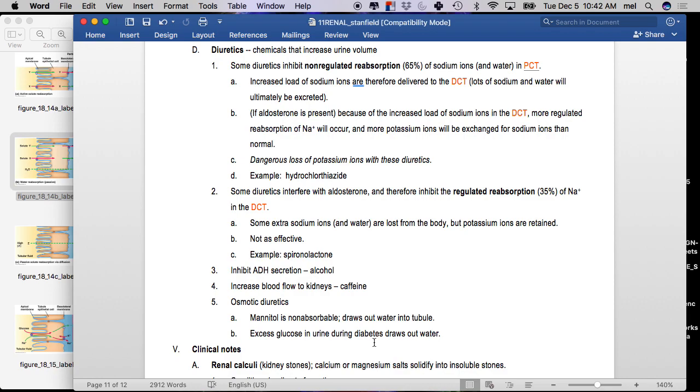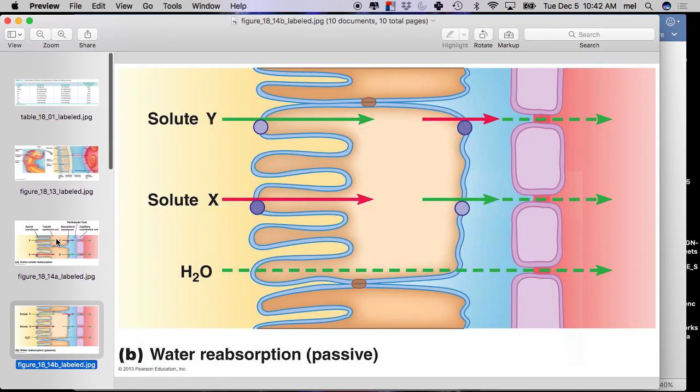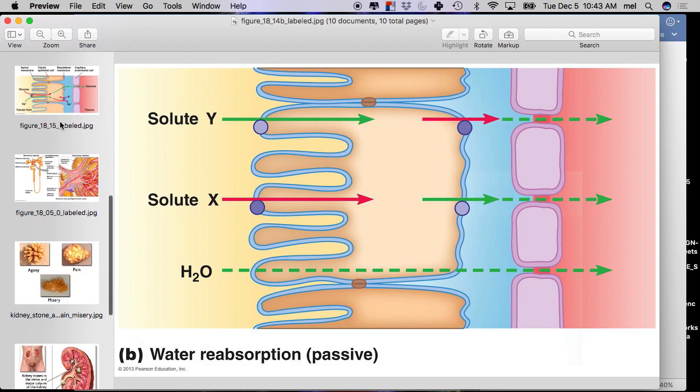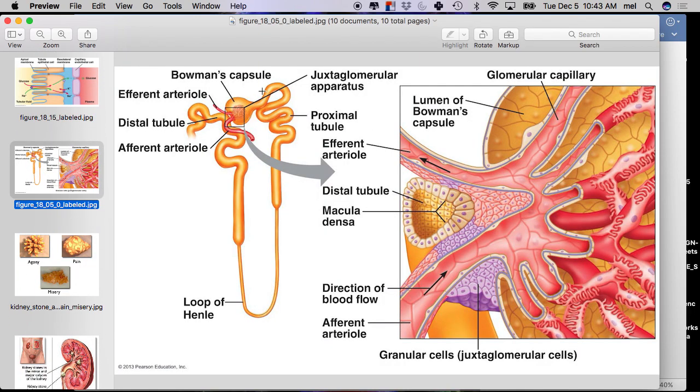The reason it's problematic is that if you don't reabsorb it at the PCT, you are going to send a boatload of it through the tube to the DCT. And the DCT is going to try to reabsorb the entire 35%, right? So you're definitely going to release aldosterone under that circumstance because you've got too much sodium in your bloodstream.